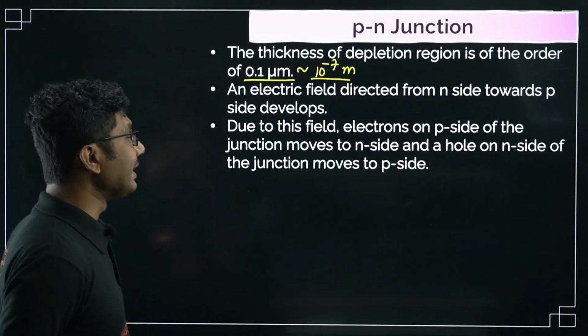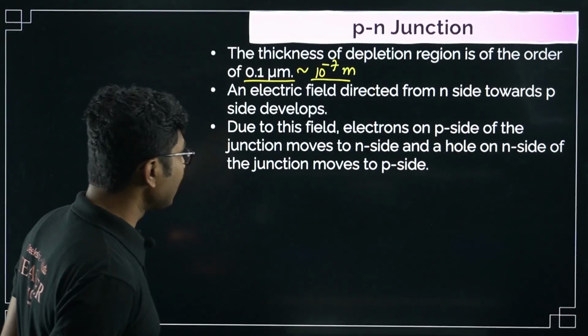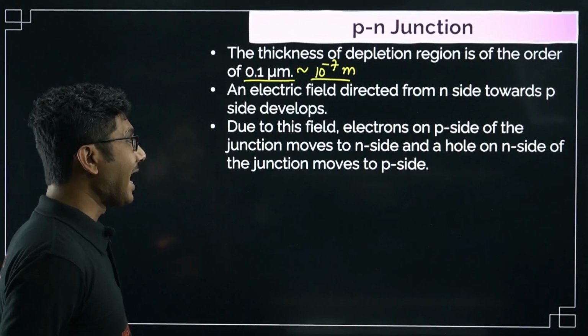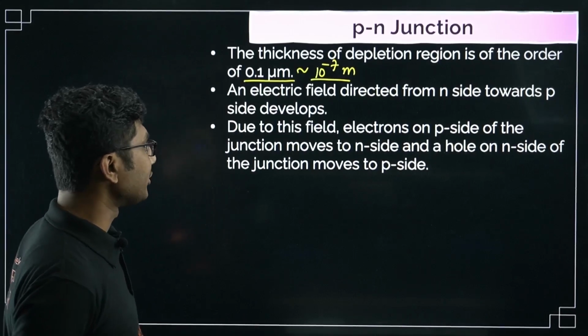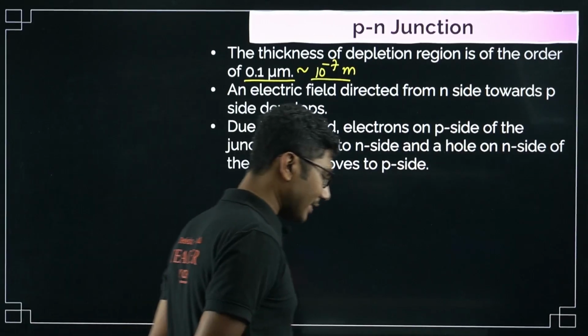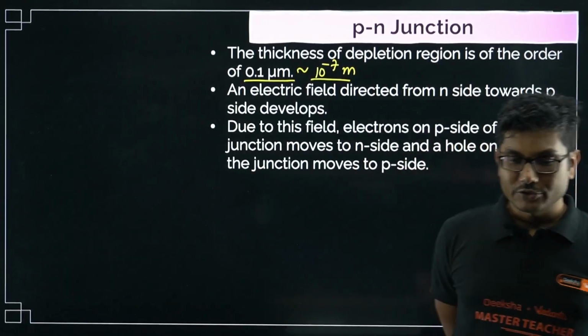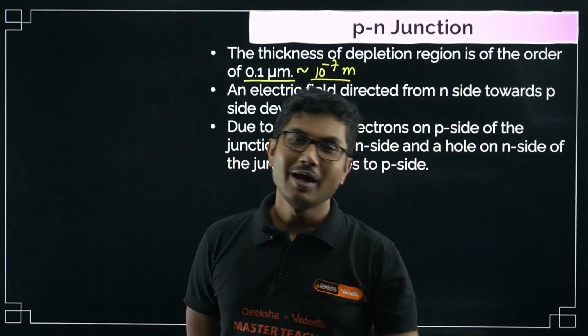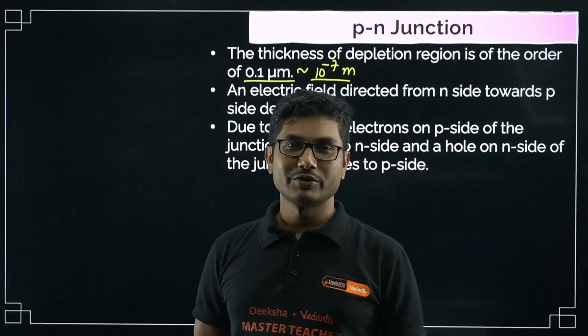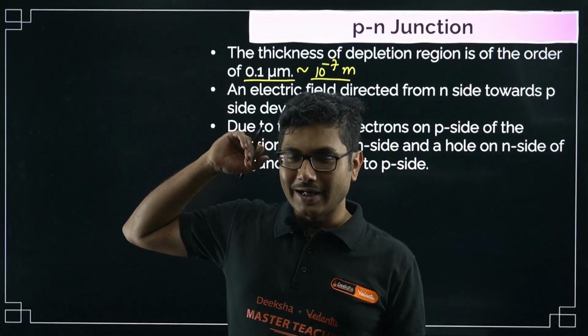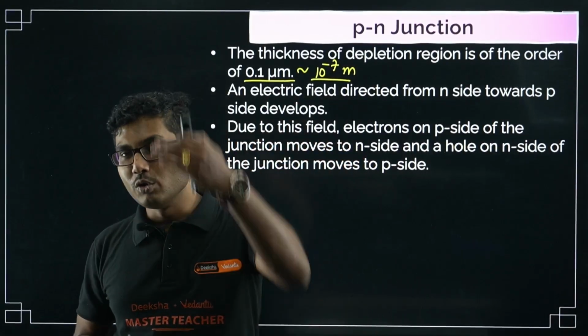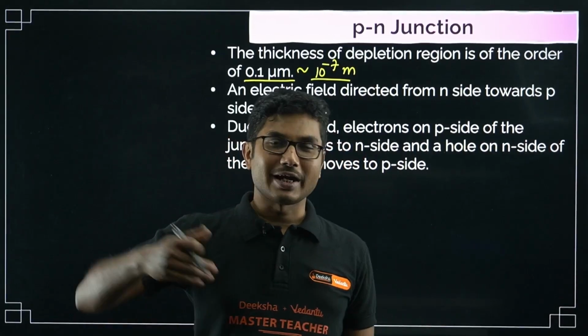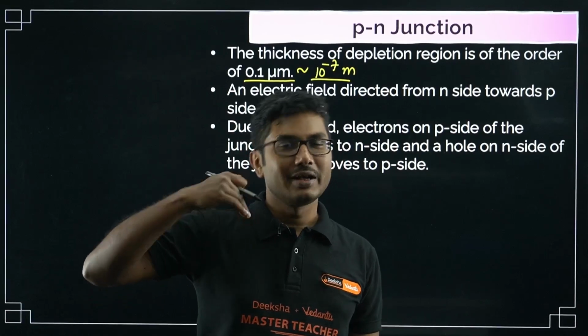Due to this field, electrons on the P side of the junction move to the N side, and holes on the N side of the junction move to the P side. Now the opposite is happening. The electric field is trying to convince the electrons located on the P side, come to my side, I am positive, and the P side is saying to the holes on the N side, come to my place, I am negative.